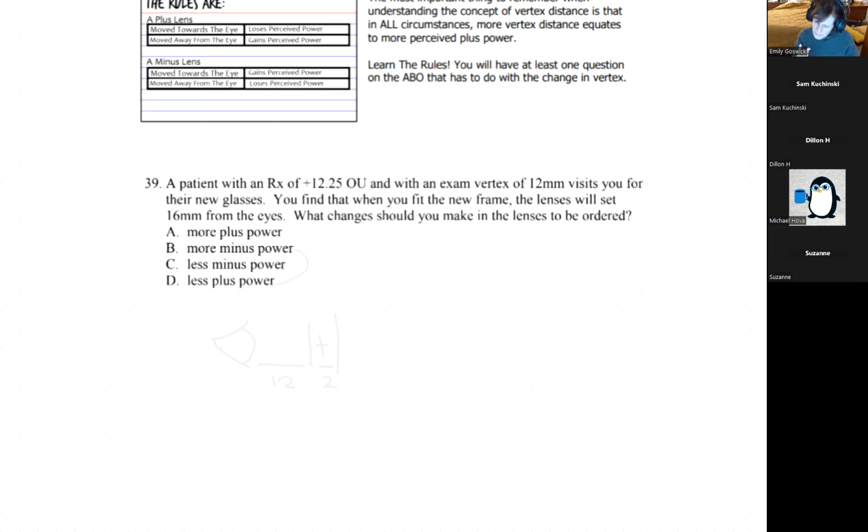So they're only giving you two options. In this case, what changes should you make in the lenses to be ordered? They need to be more minus or they need to be less plus. So the answer is both B and D for this question, right?